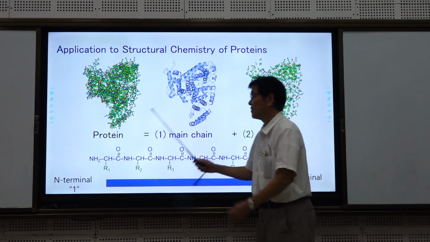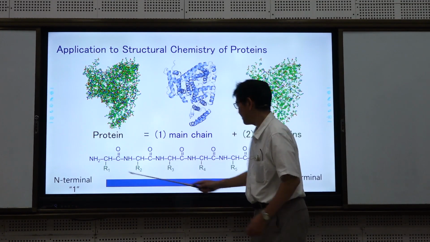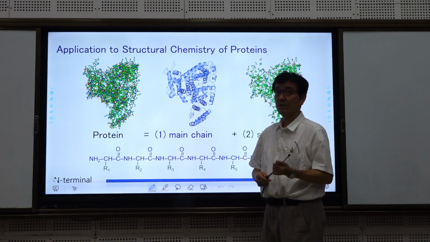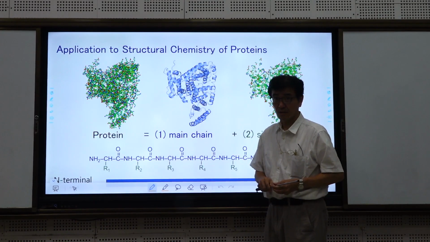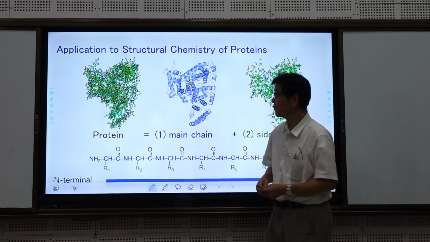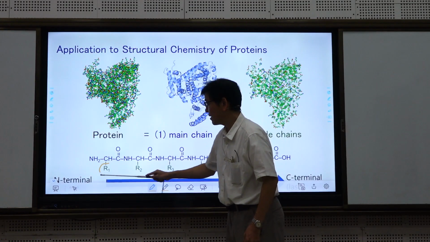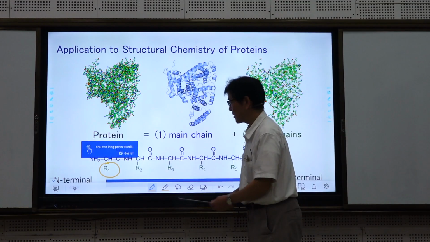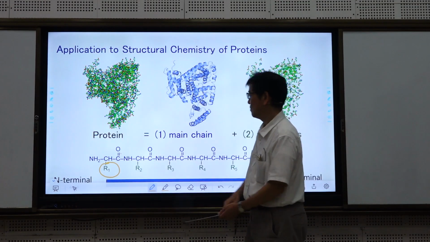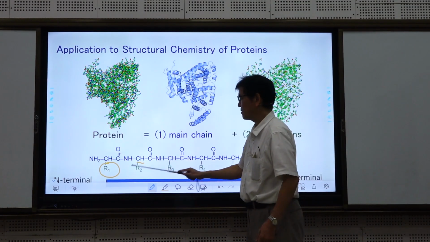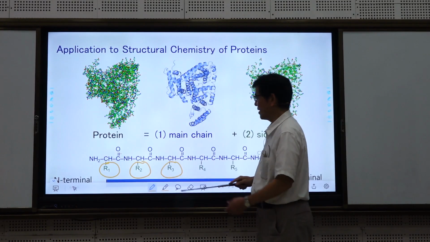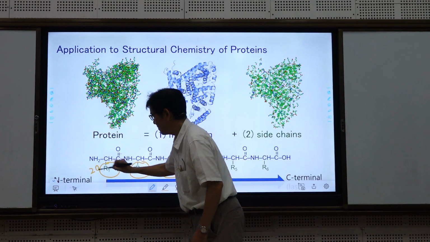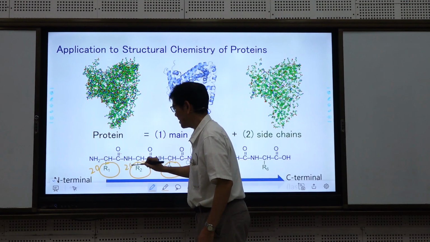On the other hand, the side chain of the amino acid is various. In nature, 20 kinds of amino acids are known. So R1, R2, R3 each have 20 possibilities.